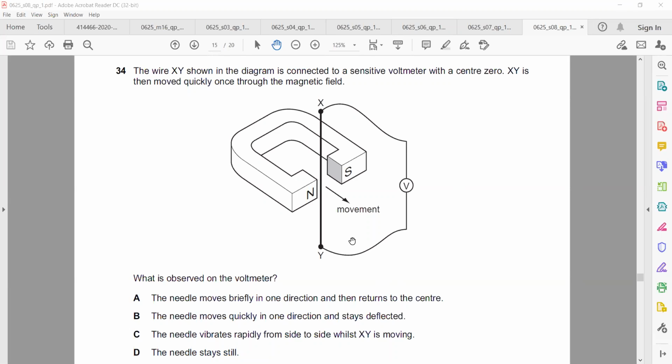Because we are moving in one way, the current will be produced only in one way. The needle moves briefly in one direction and then returns to center.